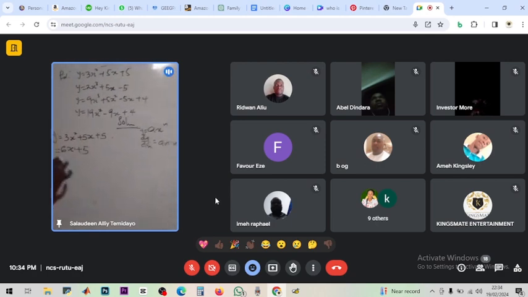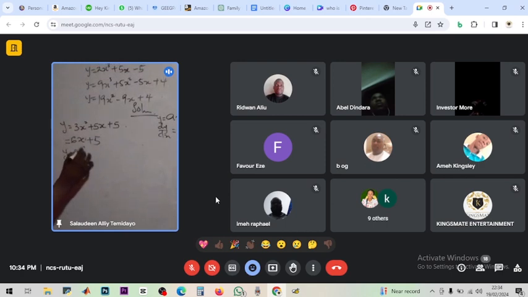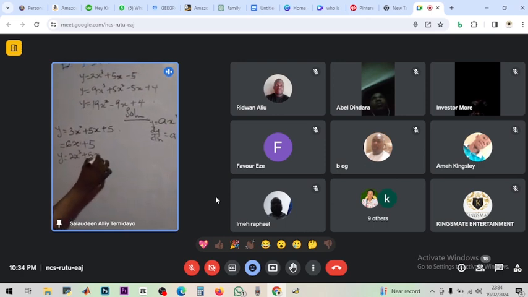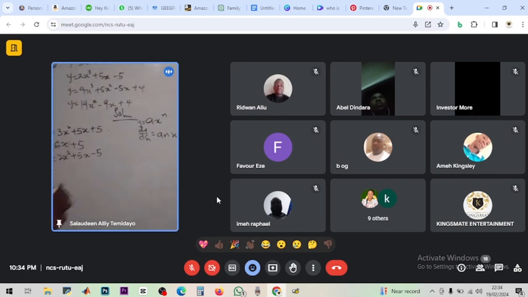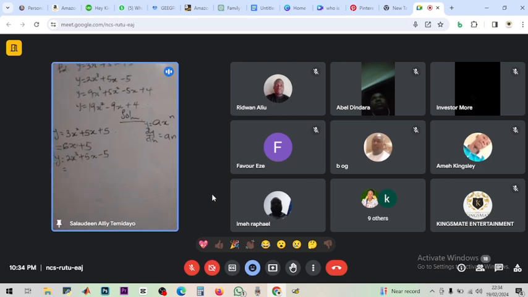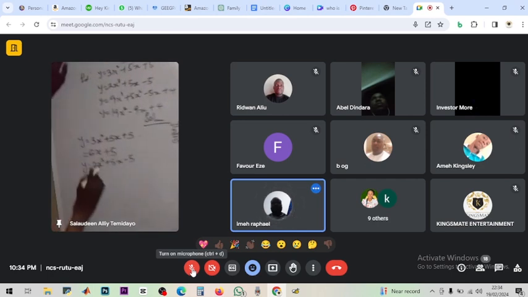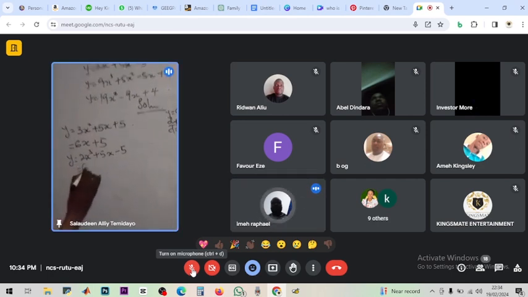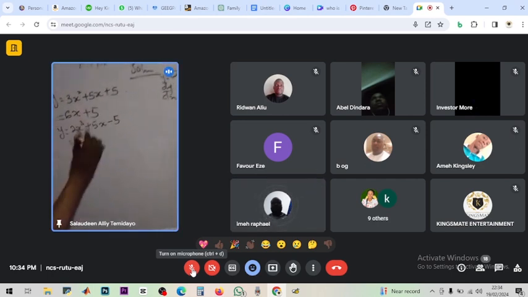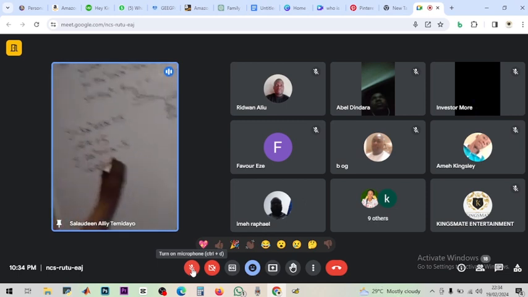The next one is y equals 2x cubed plus 5x minus 5. I won't be explaining as I explained earlier. So that will be 3 times 2, 6x raised to the power of 3 minus 1, that is 6x squared, plus 5.